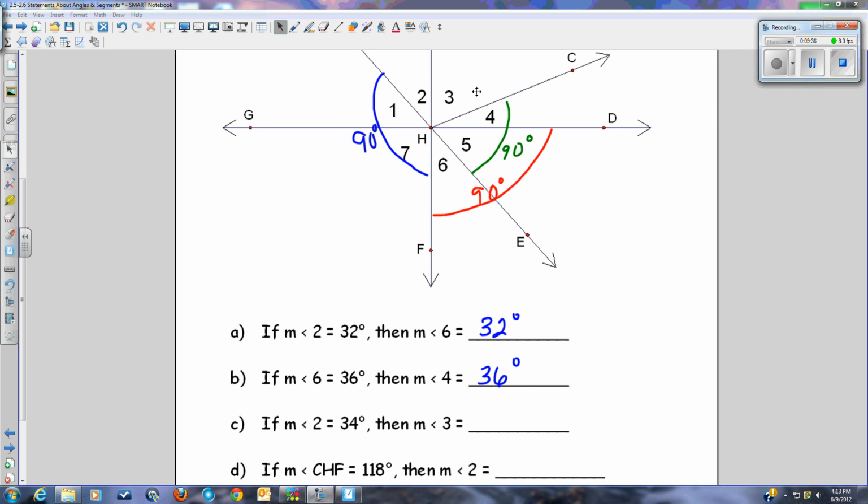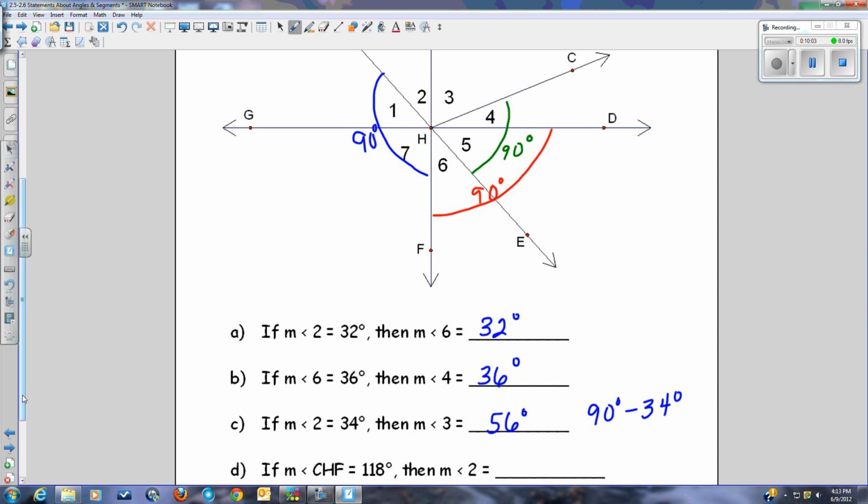So angle 2 and 3 would also have to add up to 90 degrees to get a straight line equal to 180 degrees. So if angle 2 is 34 degrees, we would have to take 90 degrees minus 34, which would give us 56 degrees.